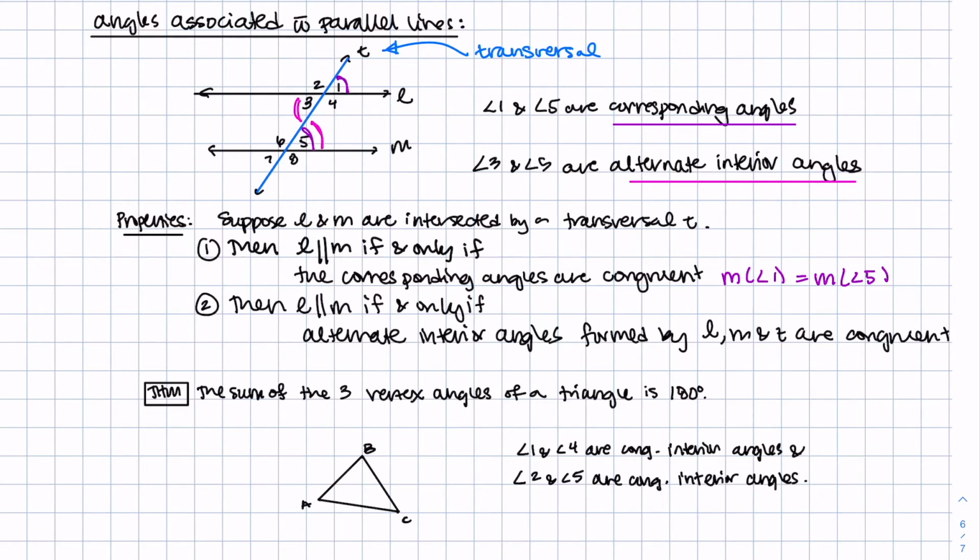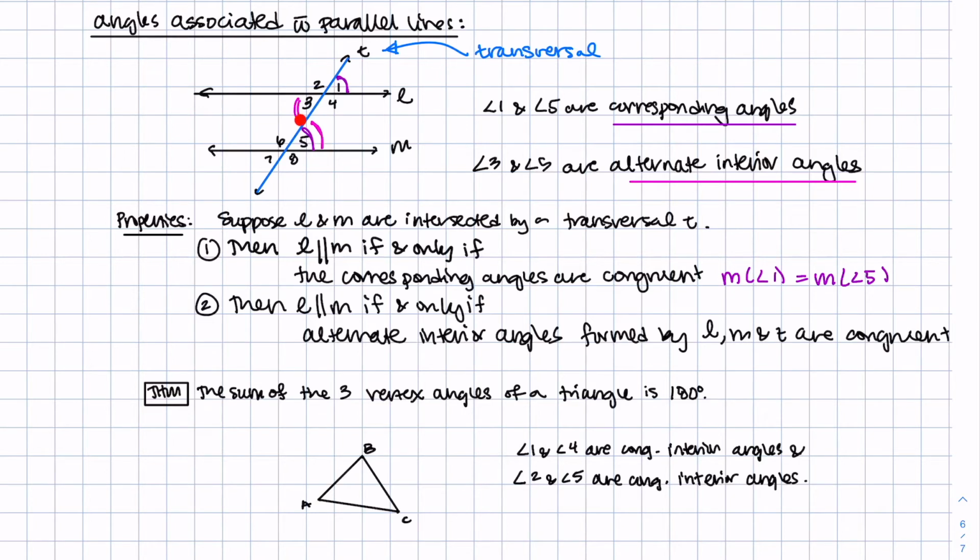Okay, another way to show that two lines are parallel: L and M are parallel if and only if their alternate interior angles are congruent.